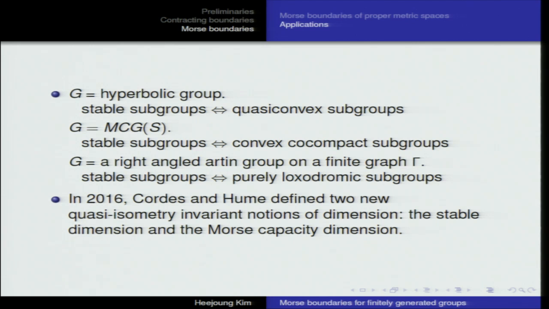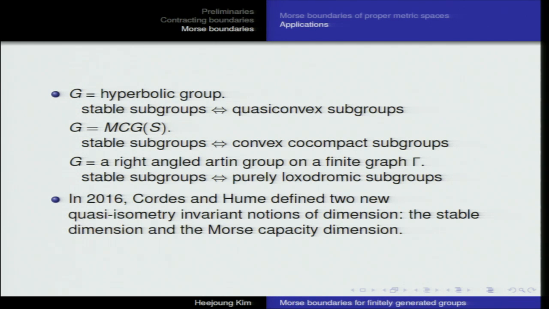Based on that, I have a lot of questions. I'd like to understand stable subgroups better, and I'm wondering about some dynamics on the Morse boundary.